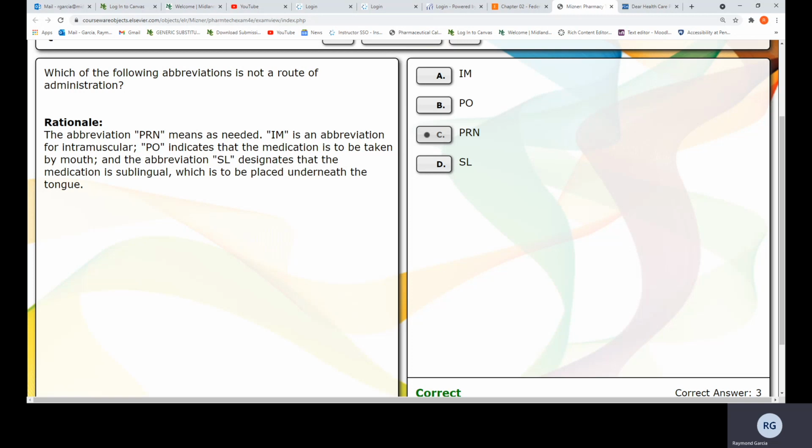PRN is as needed, but that's not a route of administration. And usually you won't see a route that's 3 letters.